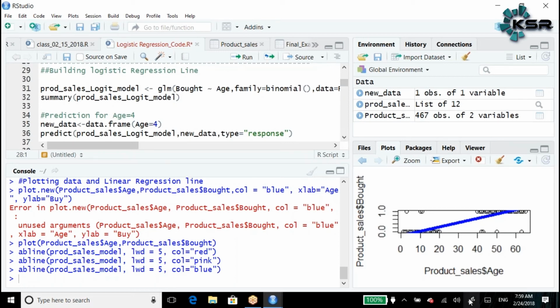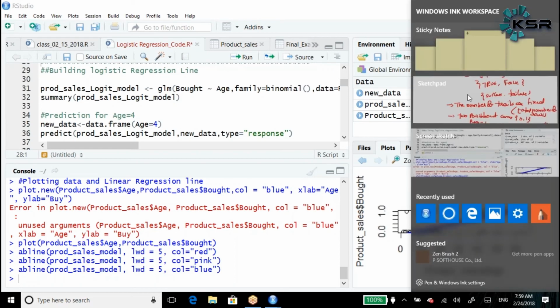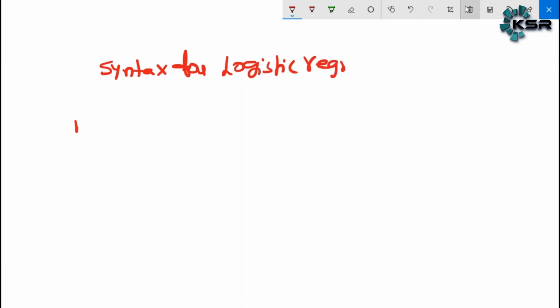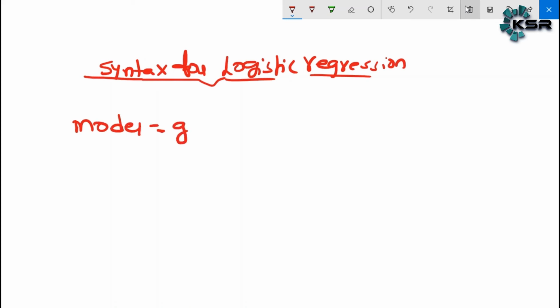Now, how do we build the logistic regression? The syntax will be, let me write down the syntax. Model 1 is equal to GLM.